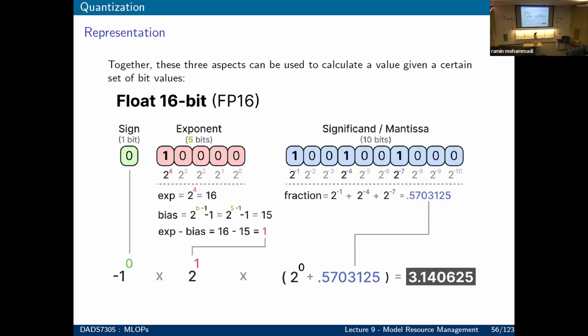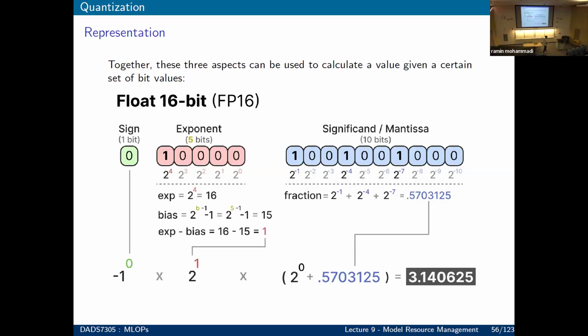Plus. Then you go to mantissa. In mantissa, basically, the equation is like this. 2 to the power of, basically 0 here. If you think about it, which ones are activated: 2 to the power of -1, 2 to the power of -4, 2 to the power of -7.